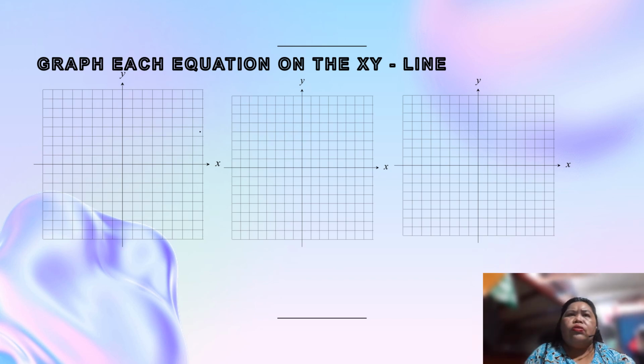Now if we are going to graph this, on the next page we need to graph its equation on the xy plane. From the previous page we got 0, 0, so we have the origin here.